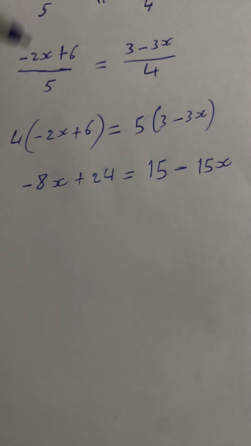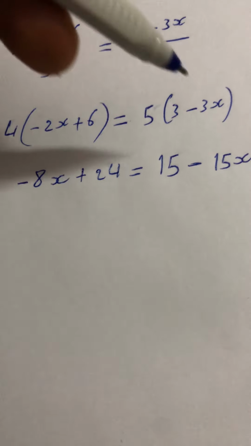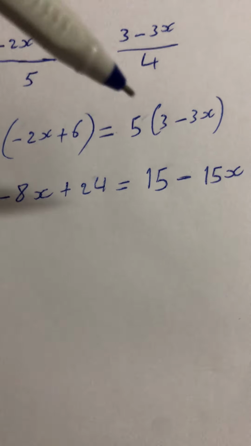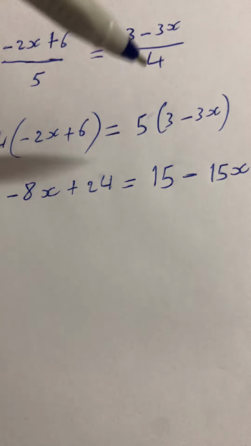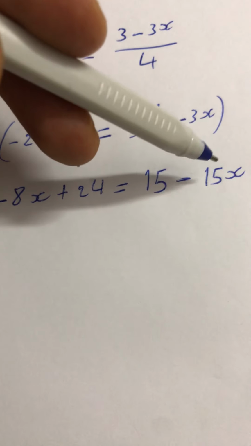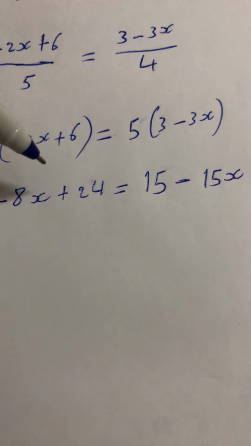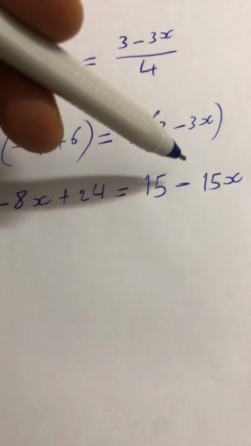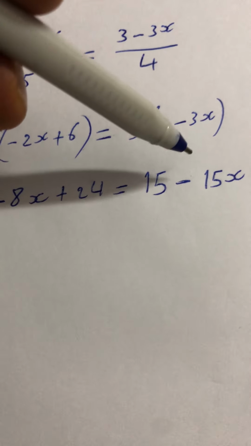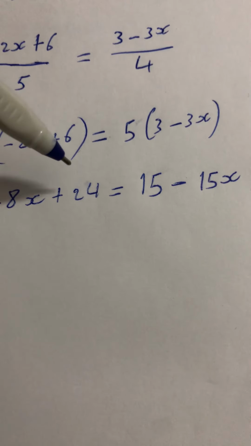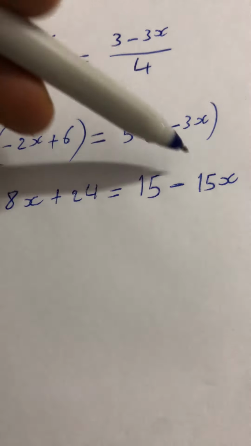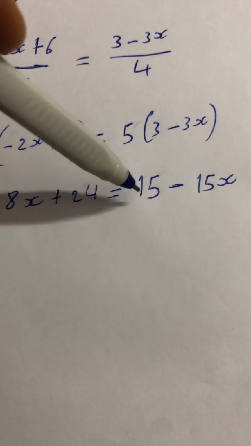Okay, now I will change the place, group x with x and group whole numbers with whole numbers. Now we have minus 15x here. I will move this minus 15x here, and change the sign. When you move something from the second side to the first side, you change the sign. So we have minus, it will be plus. And if you have plus like this, it will be minus.